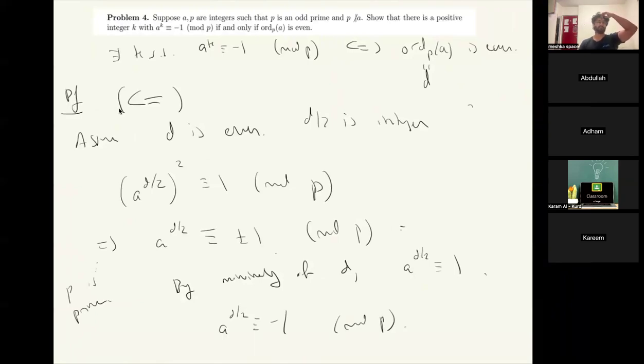I cannot come up with an example off the top of my head when p is not prime, but you can come up with one. Okay, so any questions? She wrote not equal.